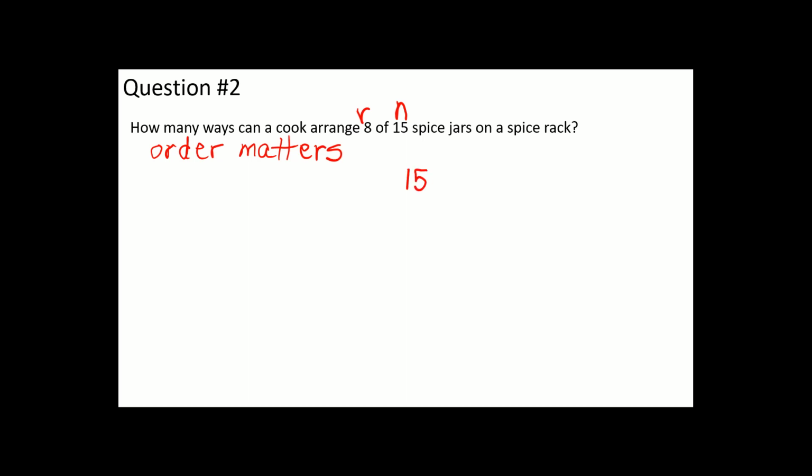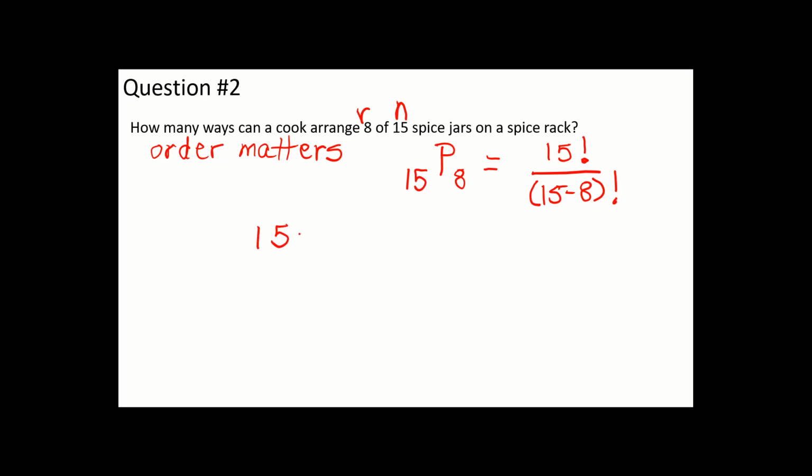So we're going to use our permutation formula: 15 permutations of 8. It can be written this way: n factorial over n minus R factorial.